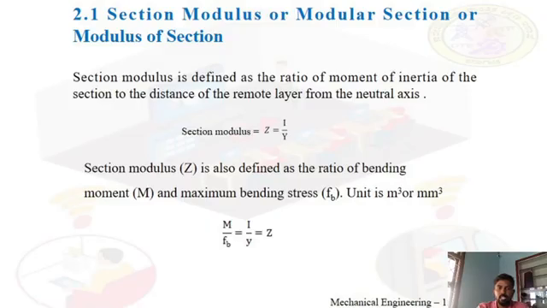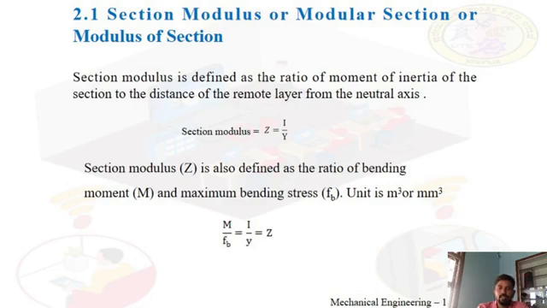Section modulus is defined as the ratio of the moment of inertia of the section to the distance of the remote layer from the neutral axis. The section modulus is represented by the letter Z. It is the ratio of the moment of inertia I to the distance of the remote layer from the neutral axis Y. It is also defined as the ratio of bending moment M and the maximum bending stress Fb, and the unit of section modulus is meter cube or mm cube.